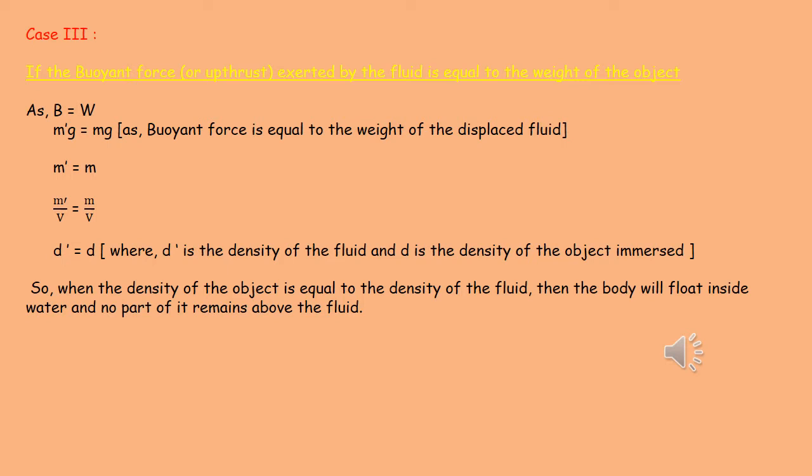So in this case the body will float inside the water and no part of it remains above the fluid. One example of this case is Pyrex glass. It floats inside glycerin and no part remains above.